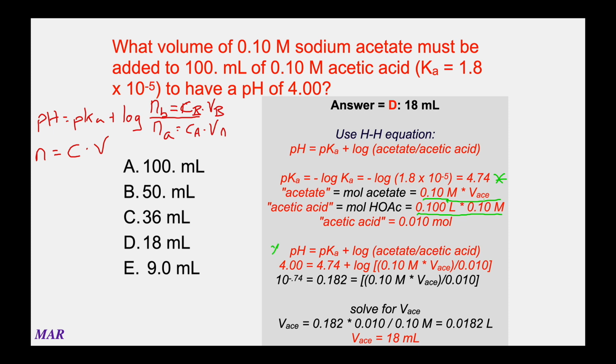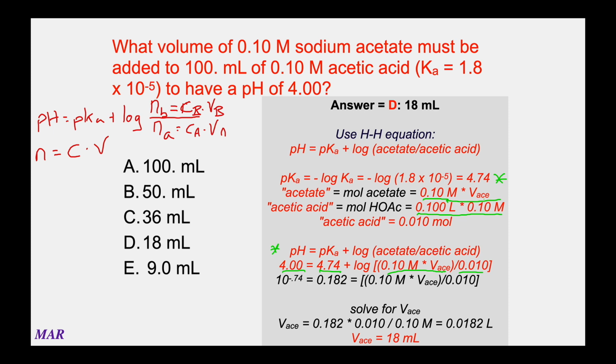So then Henderson-Hasselbalch, pH equals pKa plus log base over acid. Here's the pH, here's the pKa we calculated, plus log base over acid. Here's the concentration times the volume, and here's the moles of the acid in the bottom. So I'm basically trying to solve for the volume of the base.